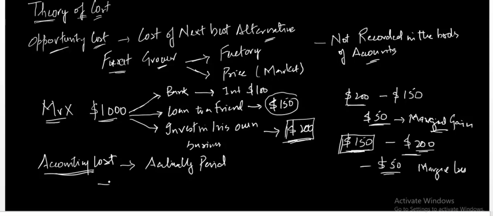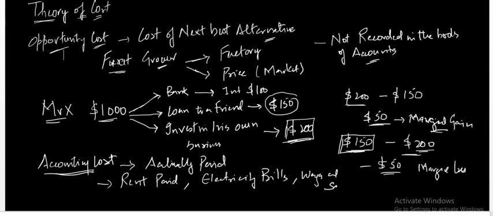Some examples can be: the business pays for the rent, it pays the electricity bills, it pays wages and salaries. So all of these are actual costs that this firm is actually paying for conducting the operations.